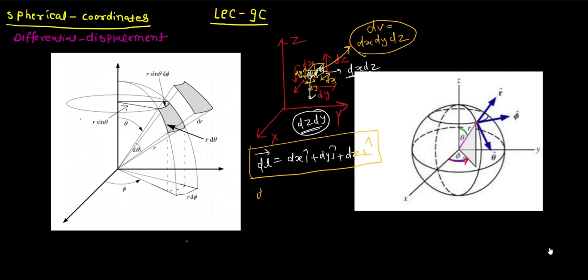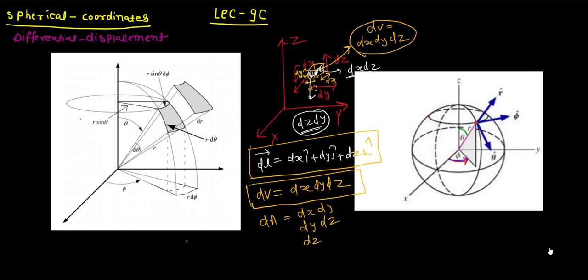Now the dV, the volume of the small element, we calculated as dx dy dz in the Cartesian coordinates, and the dA depends on the plane in which you are, so it might be dx dy, dy dz, or dz dx if you are in the xz plane.